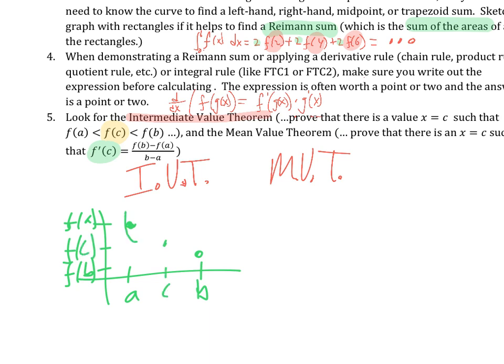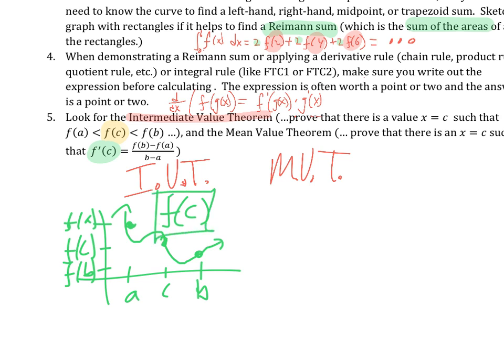If this is continuous, at some point it had to cross through here. So that's for finding f of c. There exists an f of c. That's the intermediate value theorem.